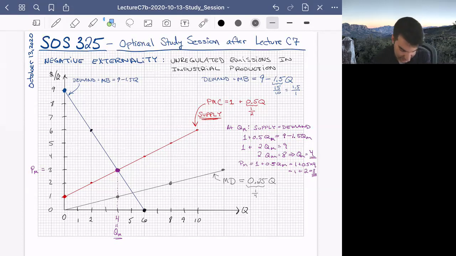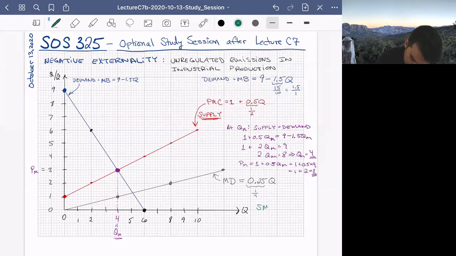That additional marginal damage needs to be added to the private marginal cost to find the societal marginal cost, the total cost to society, which is the combination of the cost to the producer and the cost to everybody else. To figure out our societal marginal cost, maybe I'll do that in dark green.